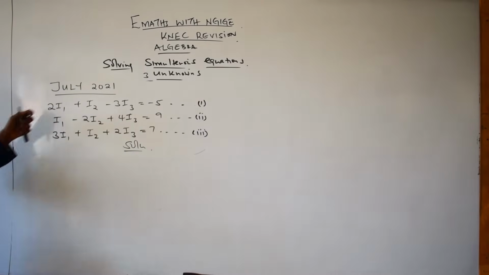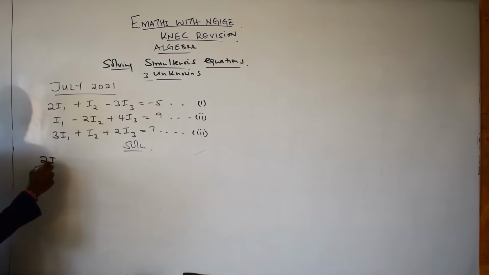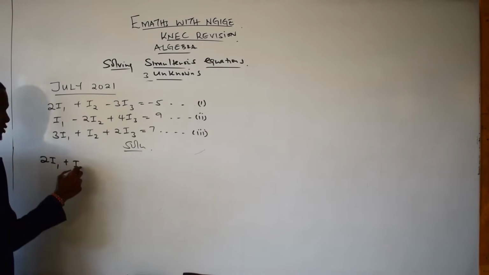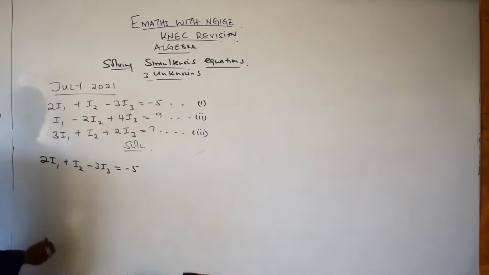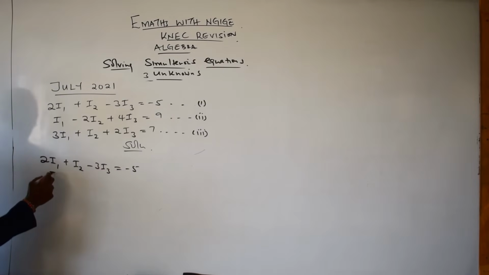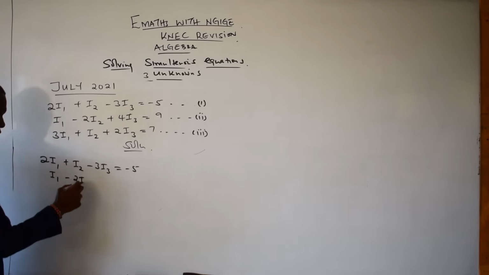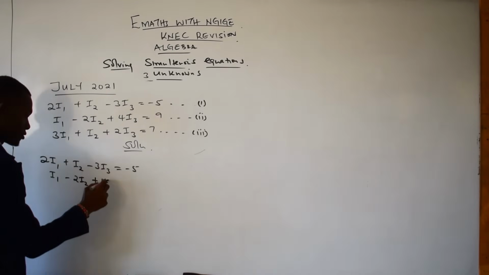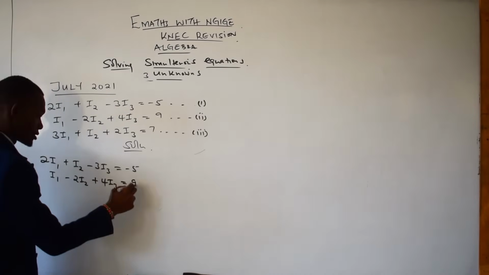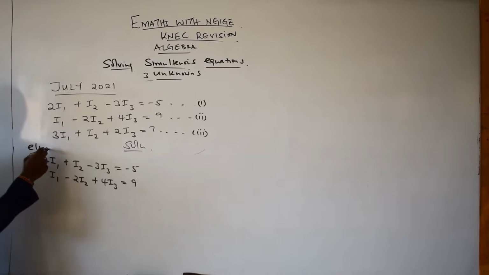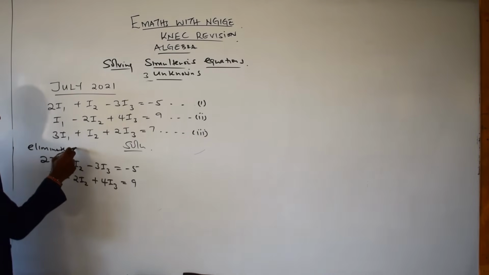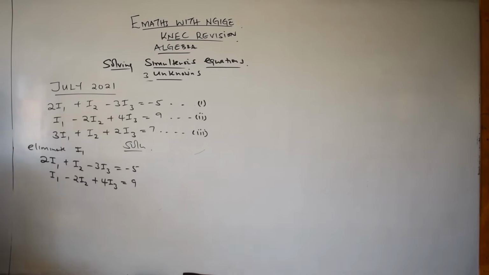So therefore, 2I1 plus I2 minus 3I3 equals negative of 5. Then you have I1 minus 2I2 plus 4I3 equals what? Equals 9. Now, since we're eliminating I1, notice one thing again.